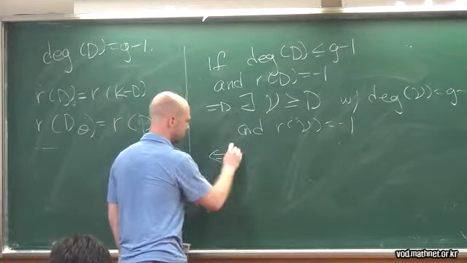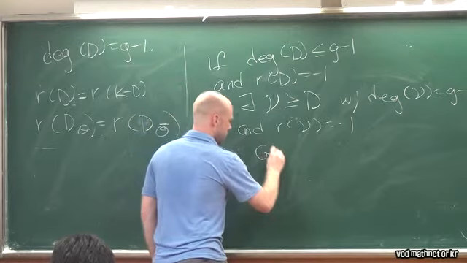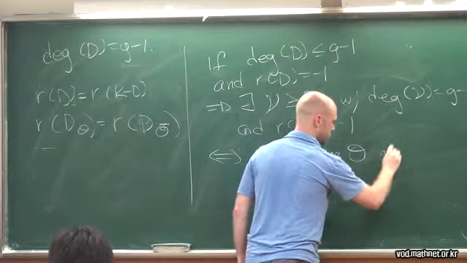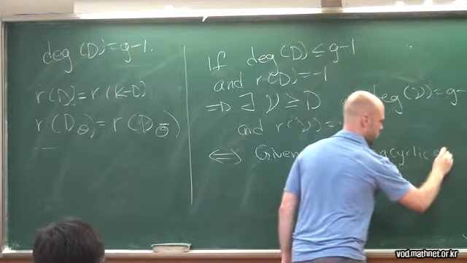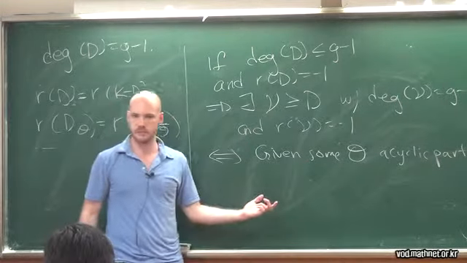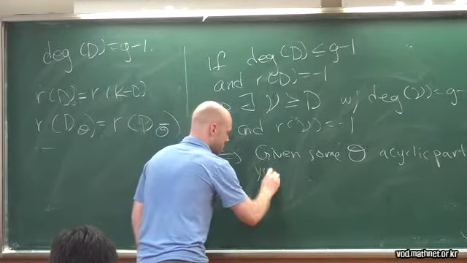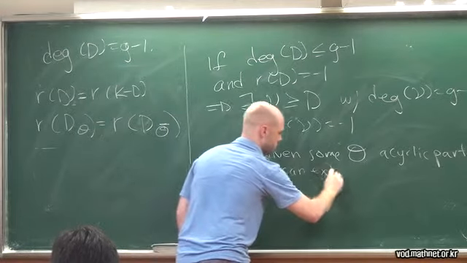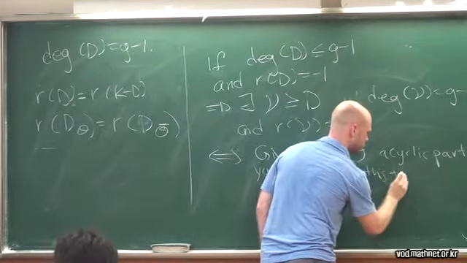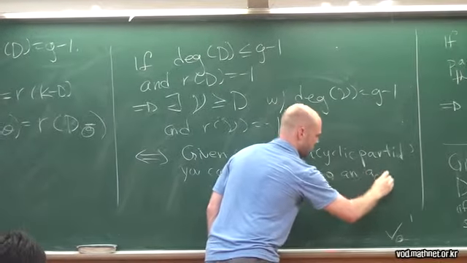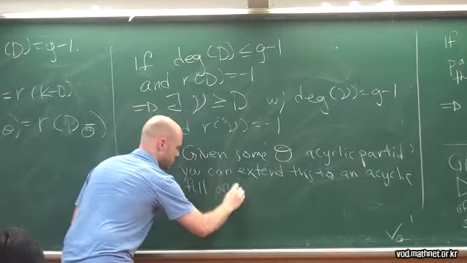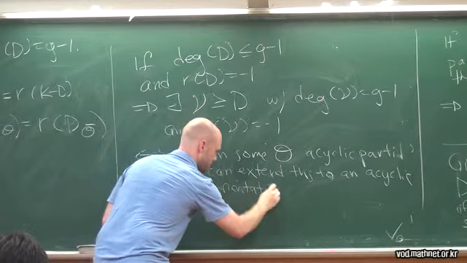This is equivalent to the statement that given some acyclic partial orientation, you can extend this to an acyclic full orientation greedily.